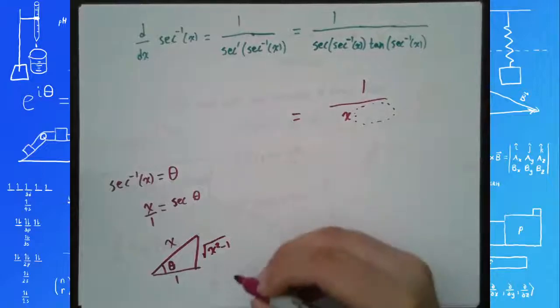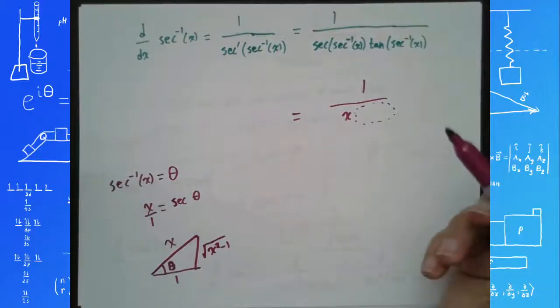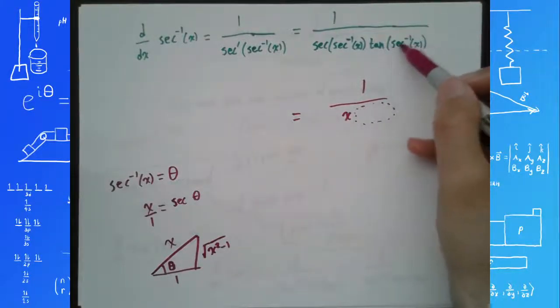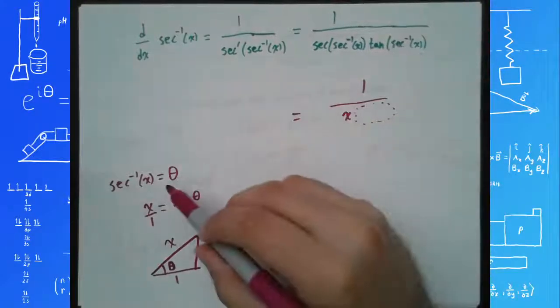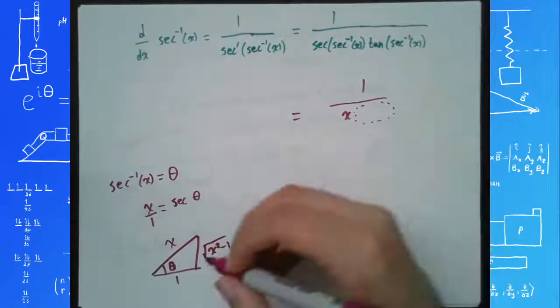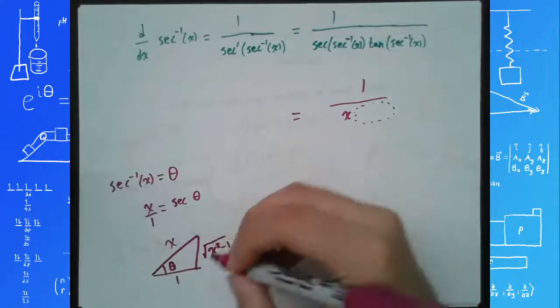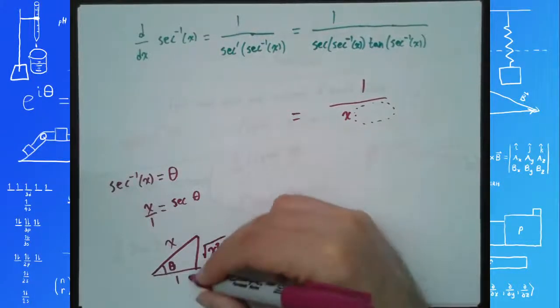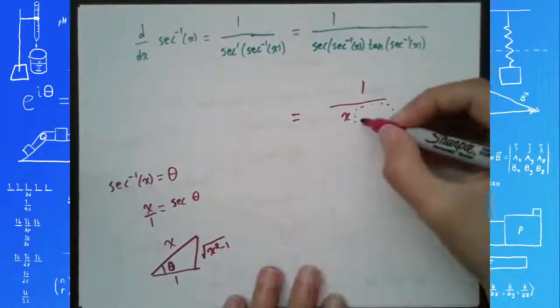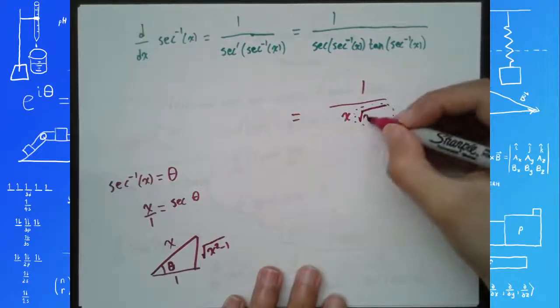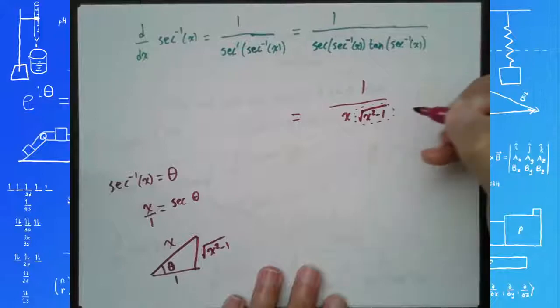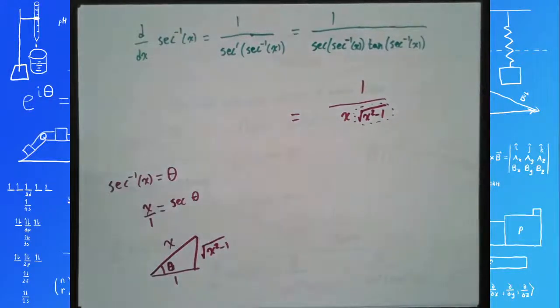So then tan of secant inverse of x is tan of what we called theta. And tan of theta, according to this triangle, is square root of x squared minus 1 over 1. So square root of x squared minus 1 over 1 is just square root of x squared minus 1. And there we have it.